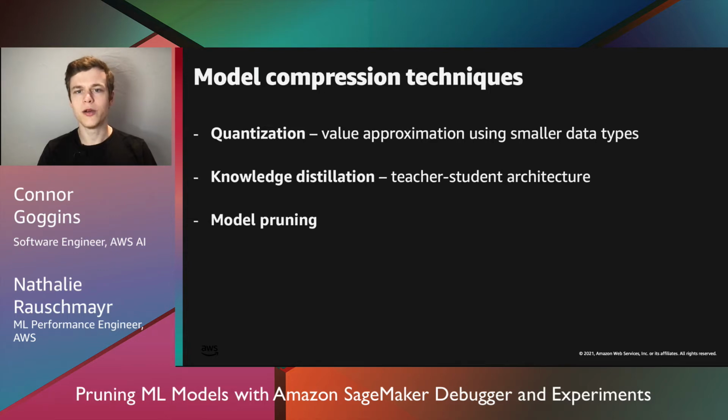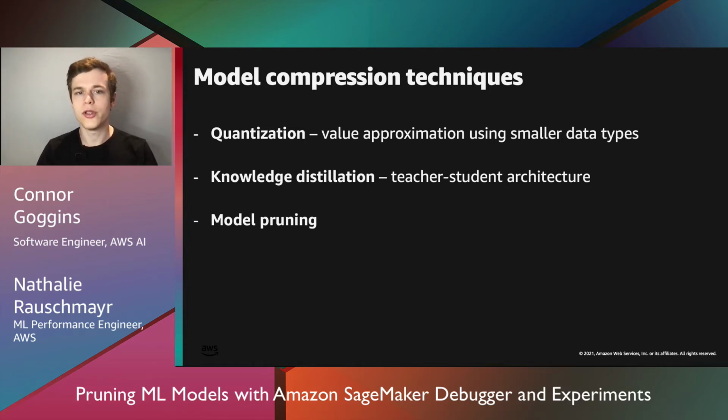So with that in mind, researchers are starting to look into ways of making models smaller in order to reduce training costs, deployment costs, and inference times. The three most popular techniques for reducing model size are quantization, knowledge distillation, and model pruning. Quantization is the act of converting the data types of model inputs and weights into smaller types with the goal of using less memory and making calculations faster.